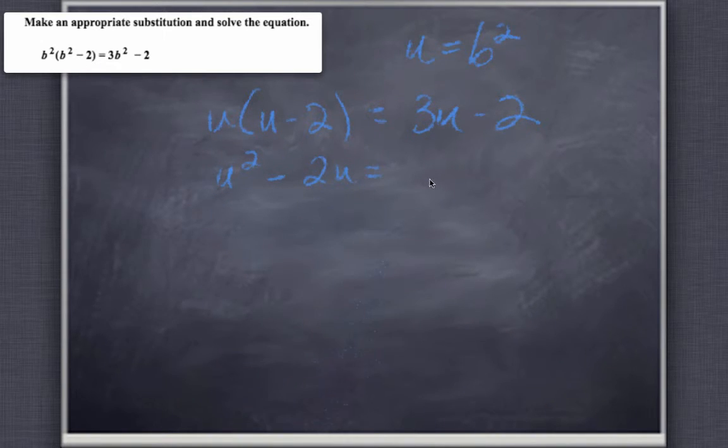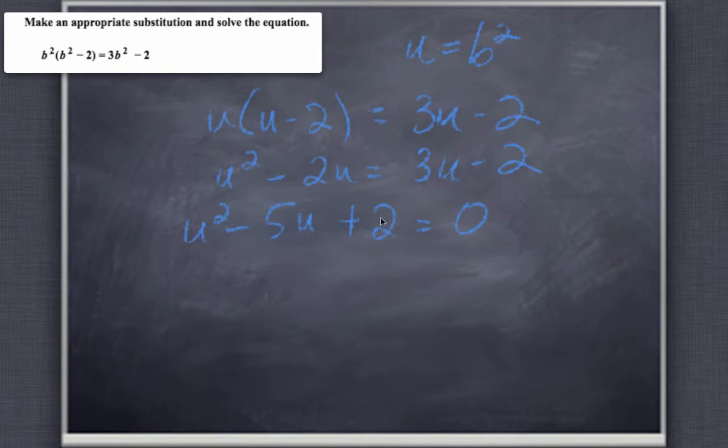I'm trying to get 0 on one side at this stage. So distributing through, subtract 3u, add 2. And I don't have things which can multiply together to give 2 and add together to give -5.